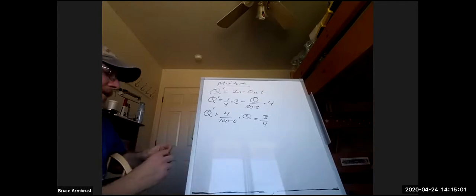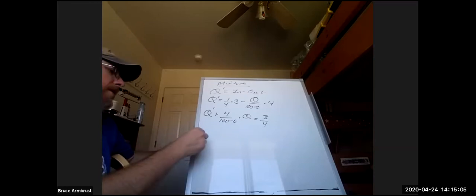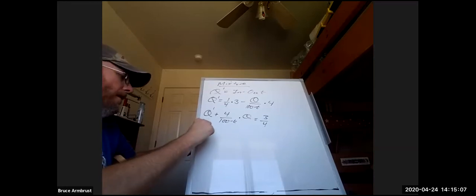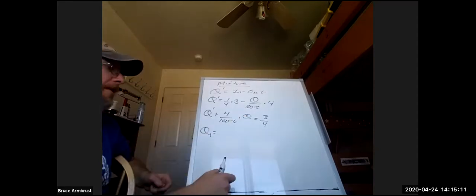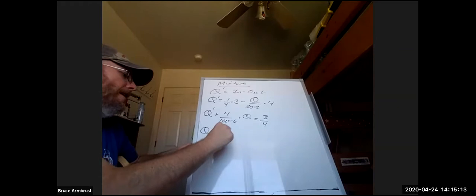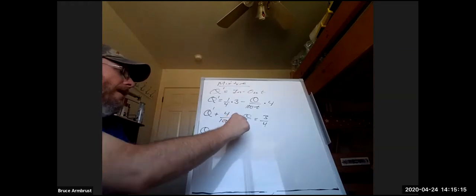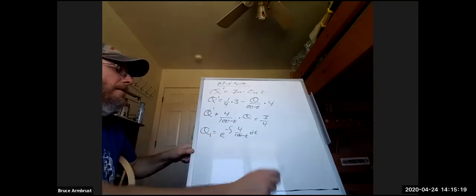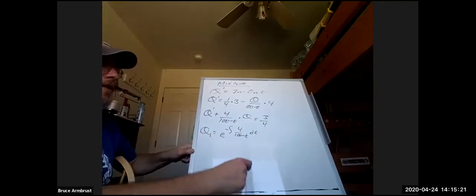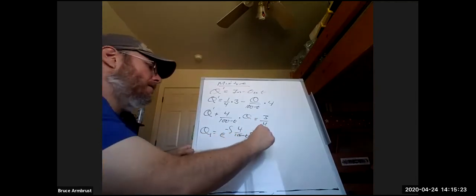All right, so we've got to find our integrating factor. So we're going to start with y1 or q1. So q1 is a solution to the homogeneous. So if that was equal to 0, that would equal e to the integral of -4 over 100 minus t. So that's going to give me a natural log.